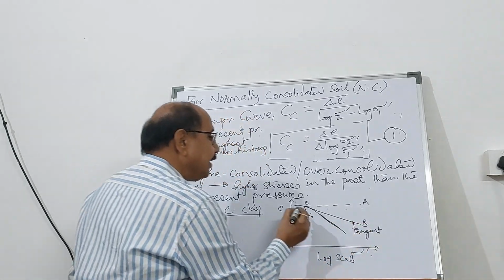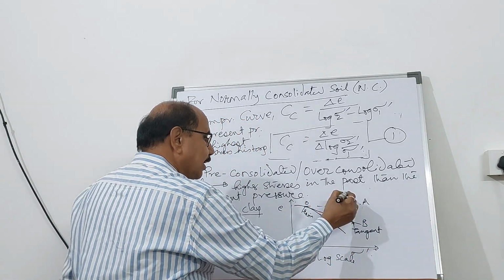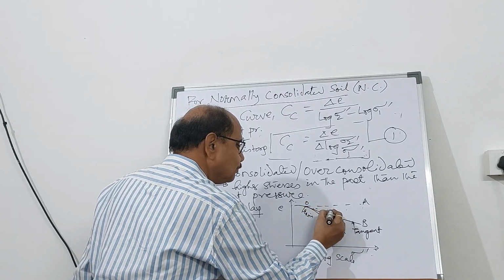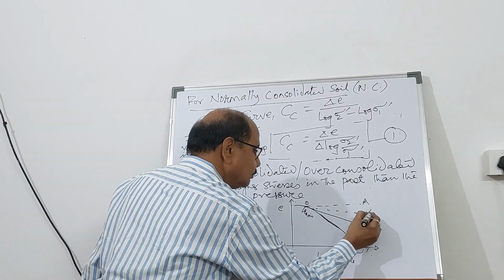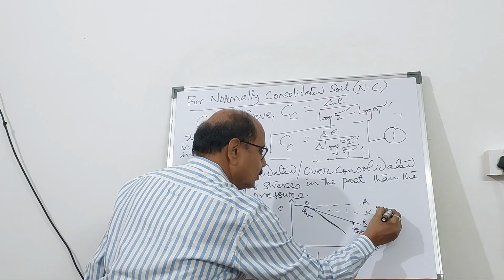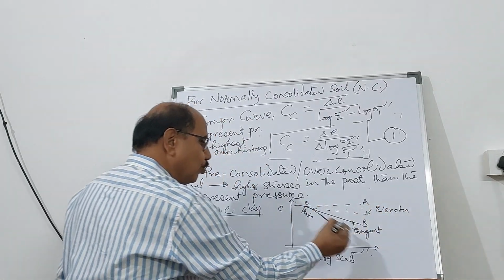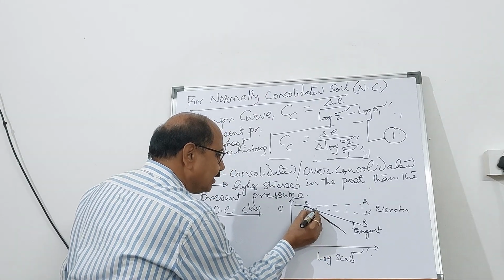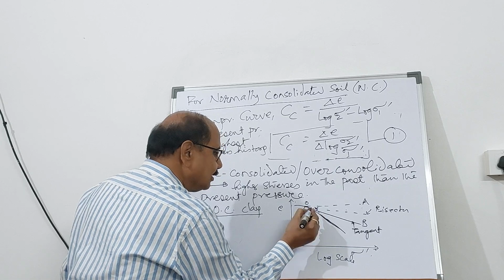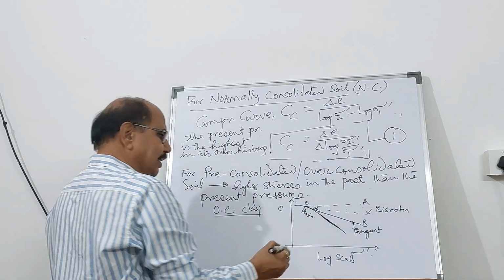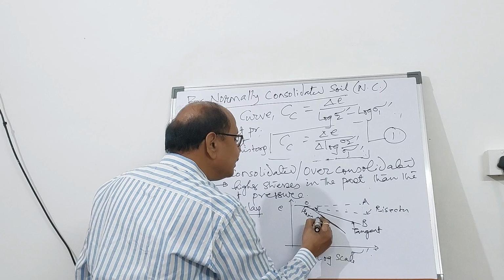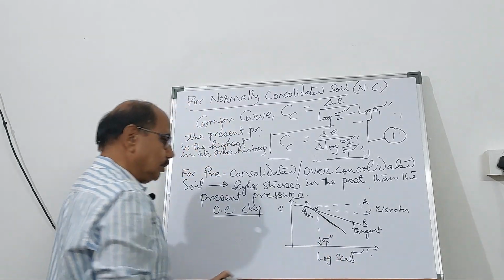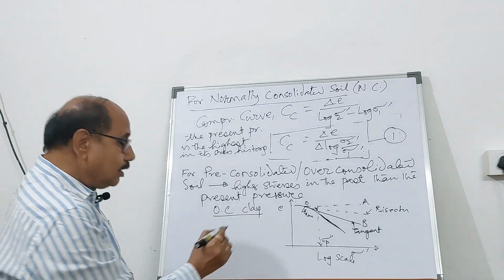Let's say this is B. So AOB is then divided, and this is the bisector of AOB. Then this straight portion, when you extend it in the backward direction, intersects this bisector at a certain point, and this pressure is called the pre-consolidation pressure.